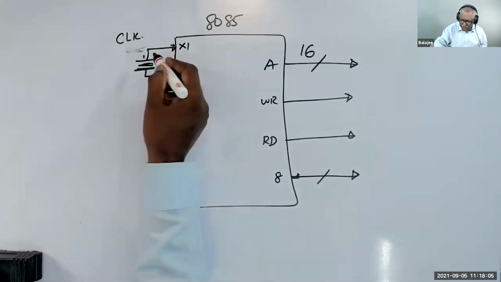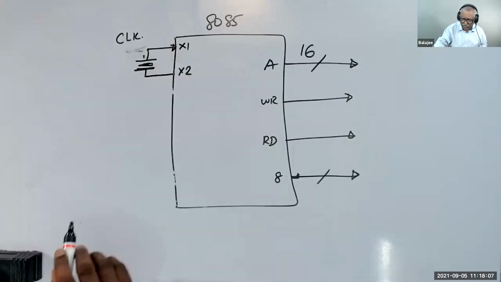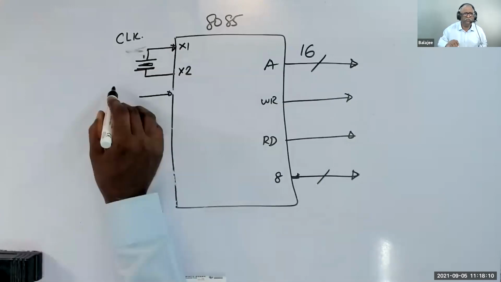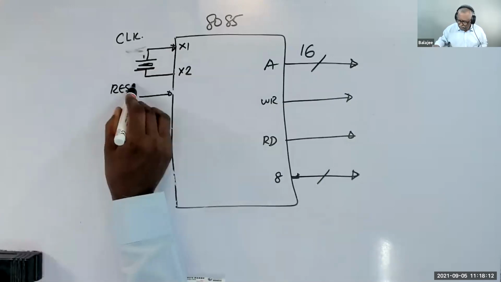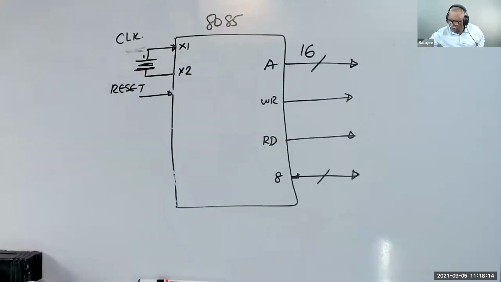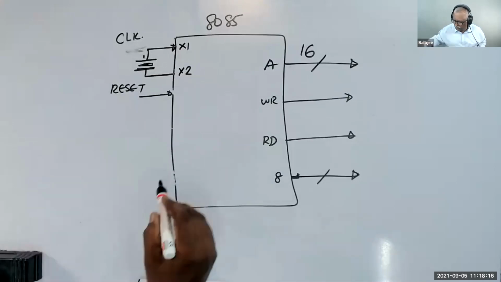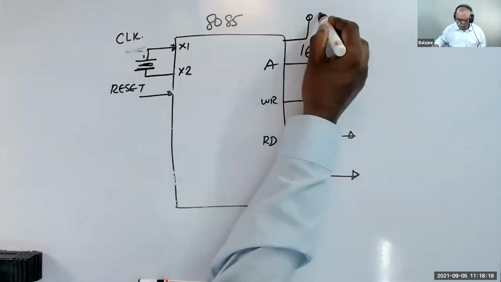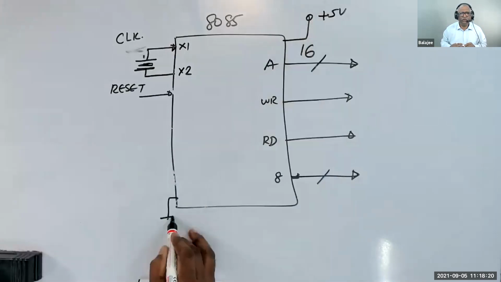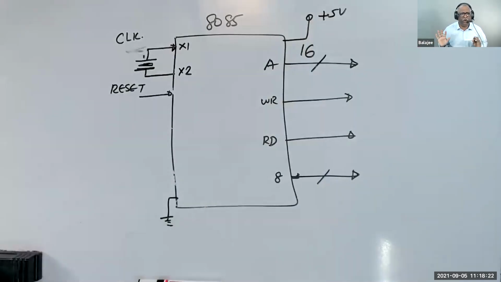Then there is a reset, and there is a power supply, plus 5 volt. So these are all your typical microprocessor signals.